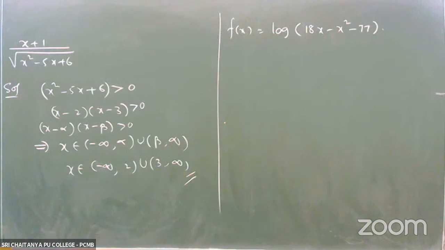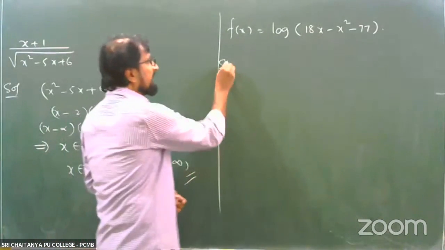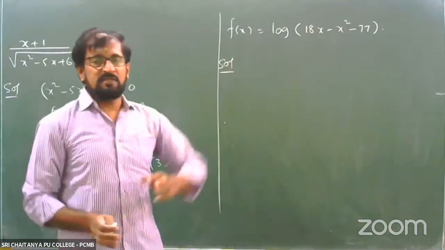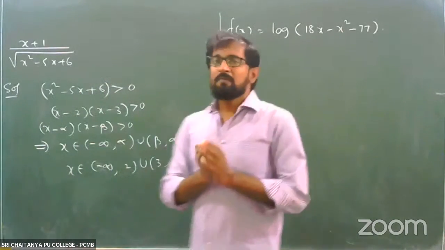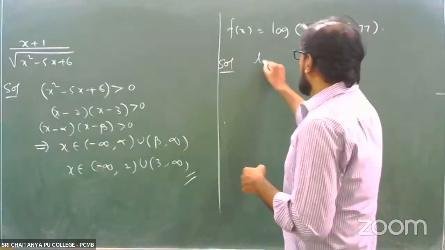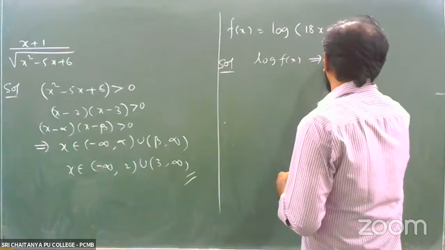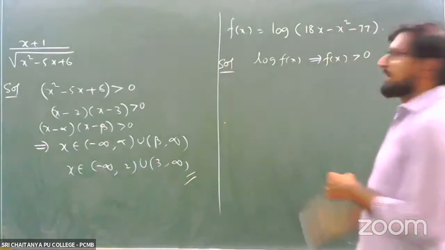Now, this is in which form? At the time of introduction, I said this is in which form? The problem is in the form of log f of x, which means f of x is greater than 0. Understood?